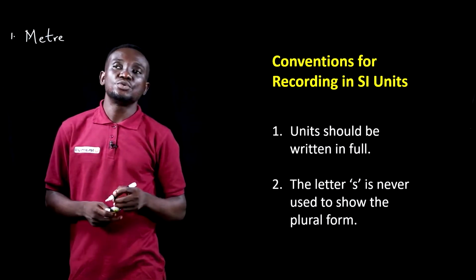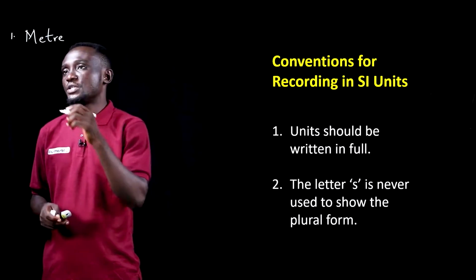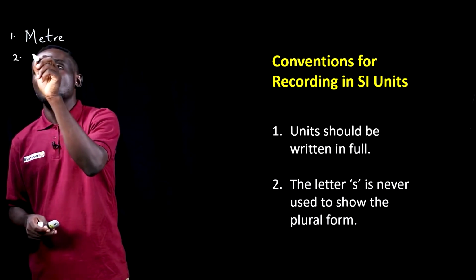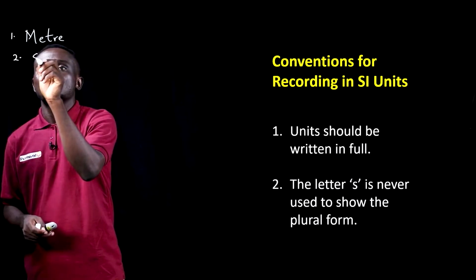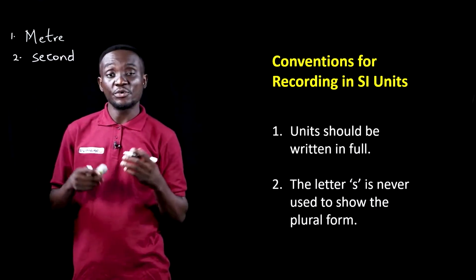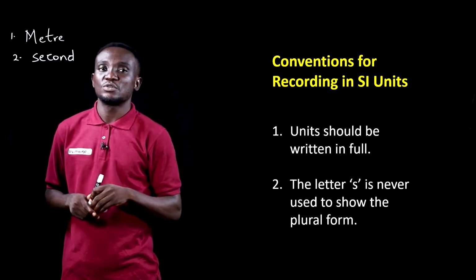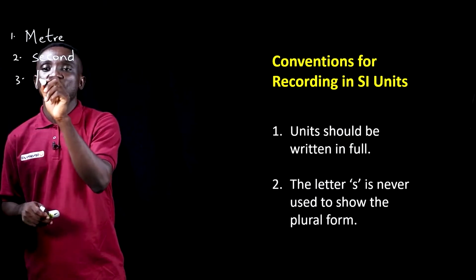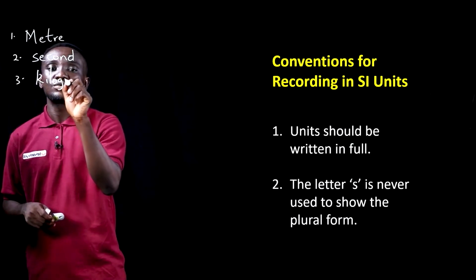If it comes to the unit for measuring, say, time, we have that as a second. We write it in full. So for mass, we have that as kilogram. We write that in full.